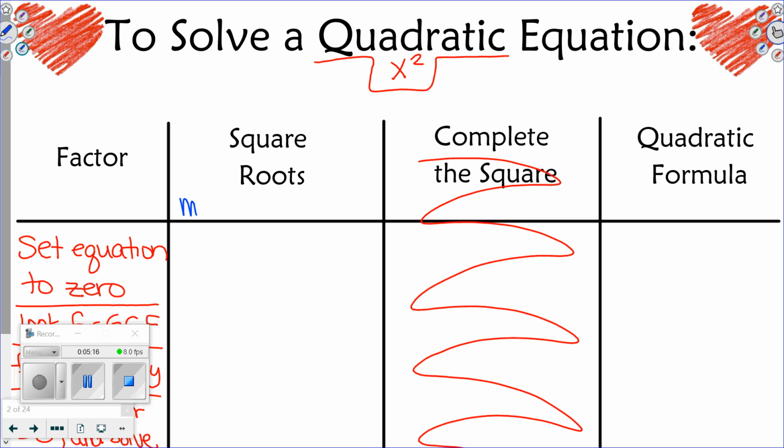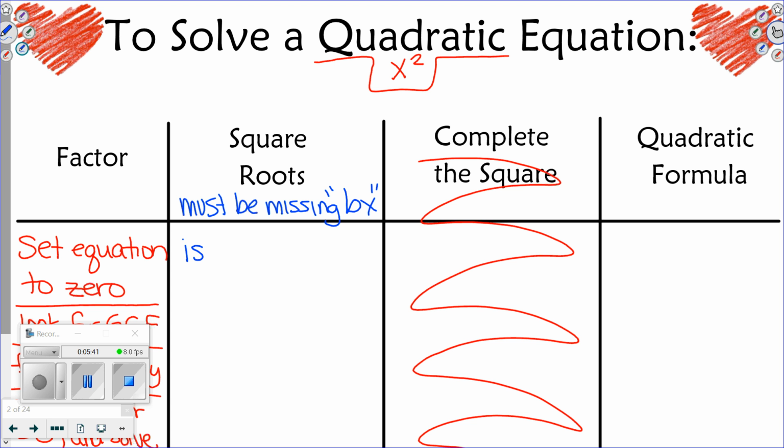So it must be missing the bx term. So let's put that right there at the top so I don't forget. In order to use this method, it has to be missing the bx. If it has a bx, I can't even think about using this method. You're not setting them equal to 0 in this one.